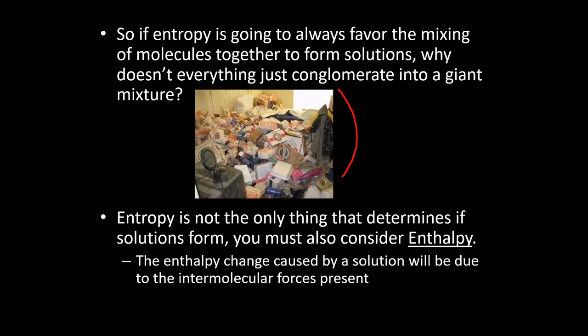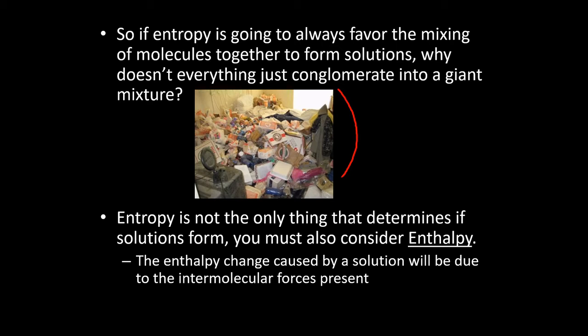Enthalpy is something you should have discussed in General Chemistry 1. In General Chemistry 1, we mostly discussed it in terms of whether a reaction was going to be endothermic or exothermic, and measuring the chemical potential change that happens in a chemical reaction. So we're going to be expanding on that a little bit.